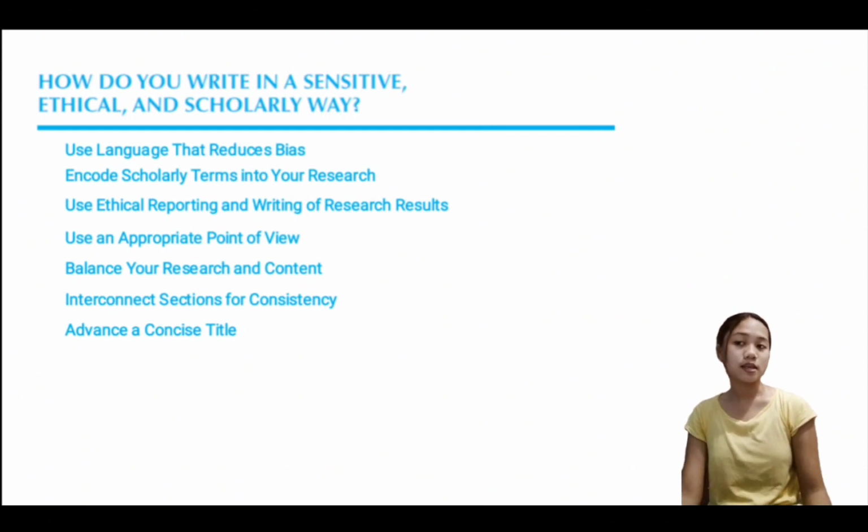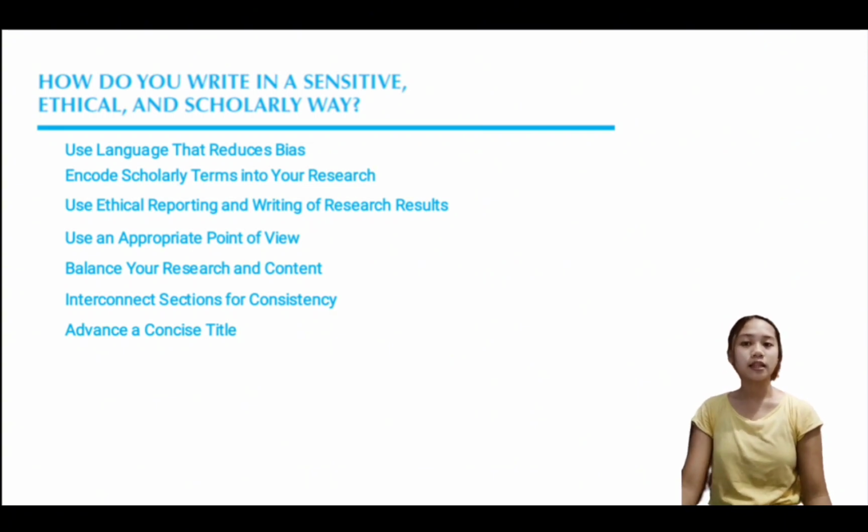So next is, how do you write in a sensitive, ethical, and scholarly way? In addition to understanding the structure of a study, researchers engage in good writing practices when they compose a research report. First is to use language that reduces bias. In academic writing, it is important to avoid language that can be seen as biased.